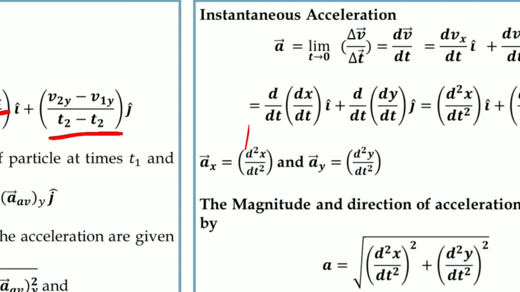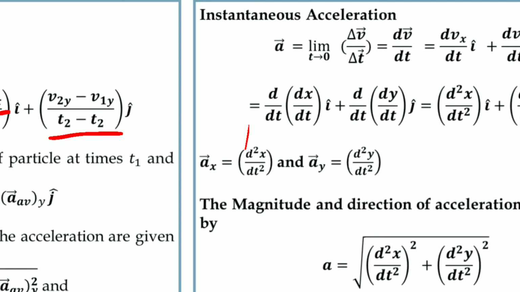What are x and y here? x is the displacement of the object along the x axis and y is the displacement along the y axis, that is, the coordinates of the object while it is moving in 2 dimensions. Multiplying it out, what do you get? d2x by dt square i cap plus d2y by dt square j cap.